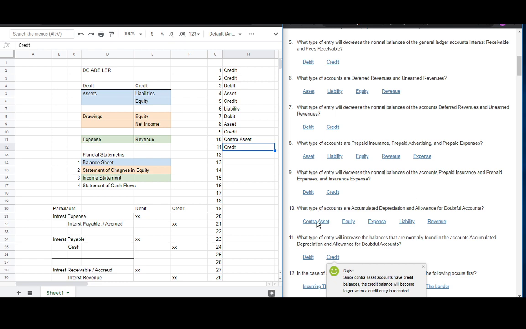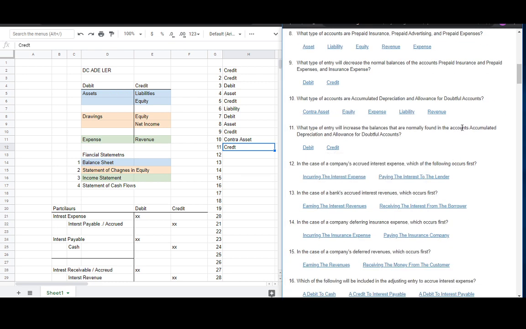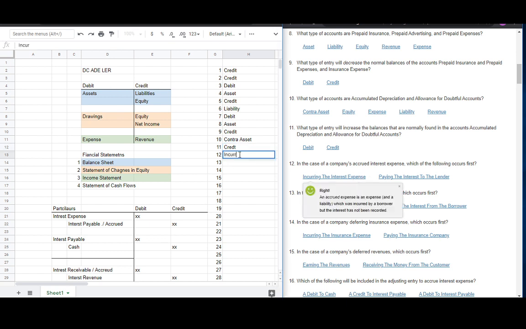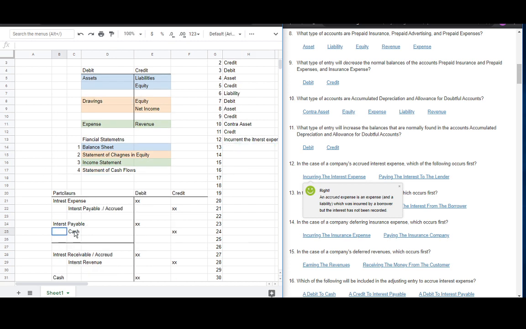So what are examples of contra liability? Discounts on notes payable. And so number 12, in case of a company accruing interest expense, which of the following occurs first? The interest expense first. So here in our example, we can see that cash was paid later and accruing occurs first.